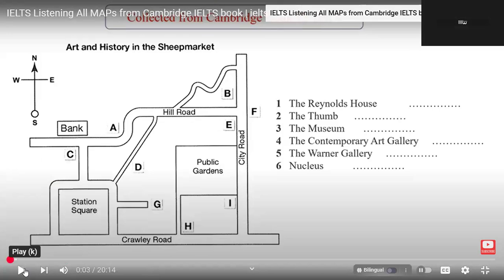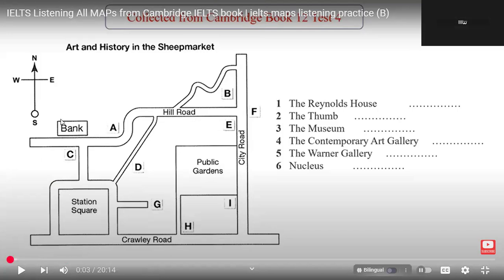First of all, Abdurrahman, remember, you have only 30 seconds to read the questions and then listen and answer, okay? This is the topic titled Art and History in the Sheep Market. This is an example of the lesson that you will go through. This is the first lesson.